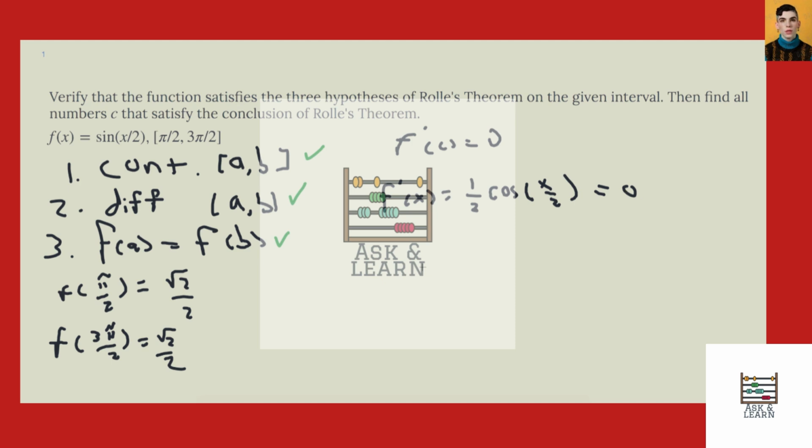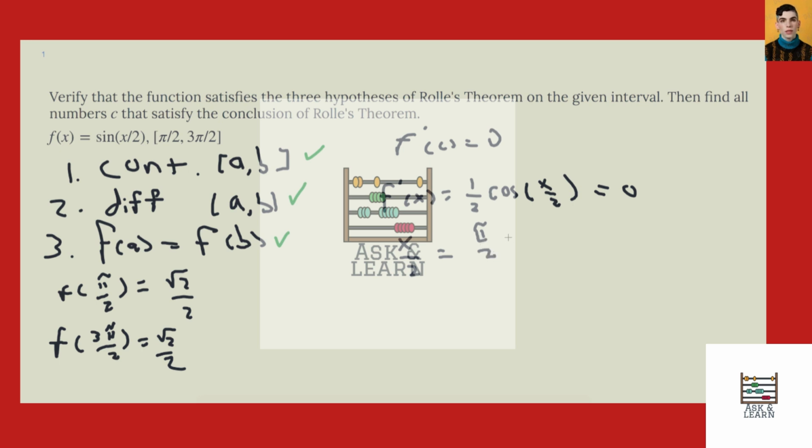And since this is a trigonometric function, we know that the cosine function equals 0 when it is at pi over 2. So we want to find the values where x over 2 is equal to pi over 2.